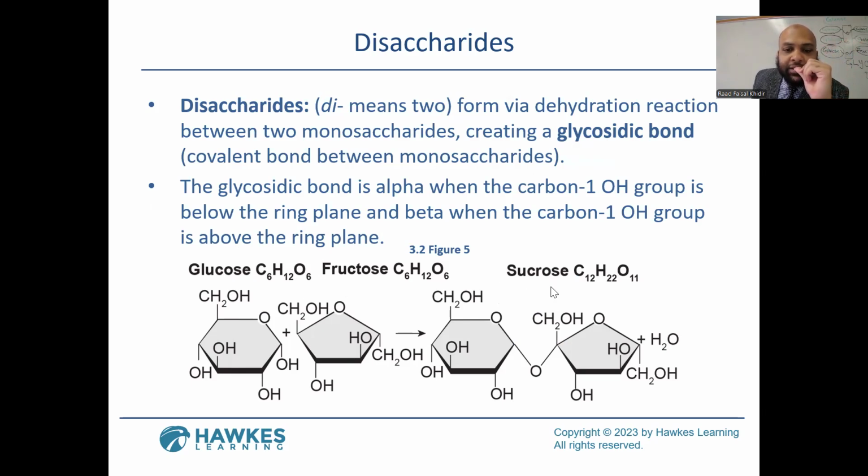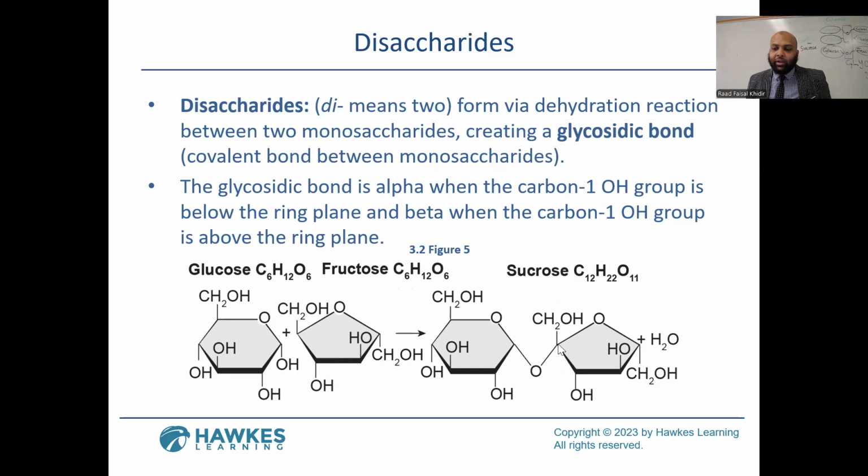Is that clear? So the glycosidic bond is alpha when the carbon 1 OH group is below the ring, and beta when the OH is above the ring. And what's the name of the bond? Glycosidic bond.